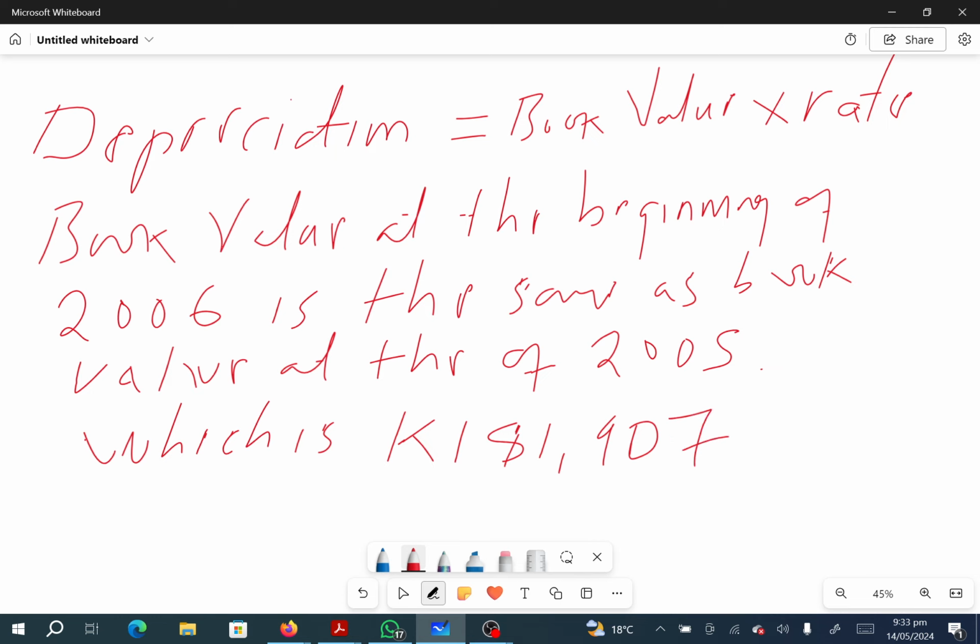Okay, so the book value at the end of 2005 is 181,907.